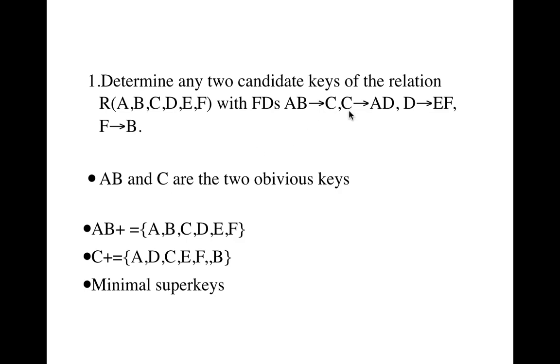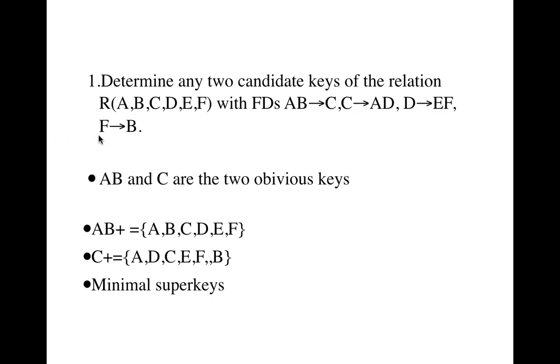Let's see whether C can be a candidate key for this relation. Now C gives C itself and C gives AD. So C closure now contains A, D and C. Taking the next functional dependency, since D is already there in the closure and D gives EF, E and F are added.